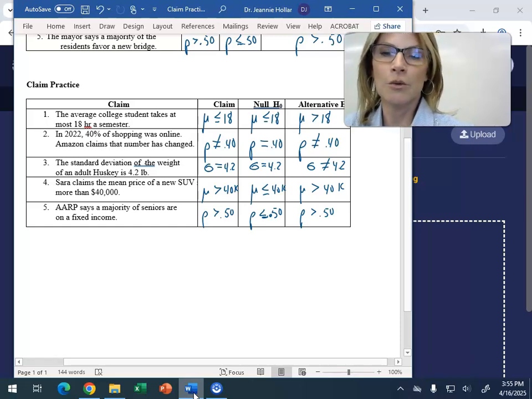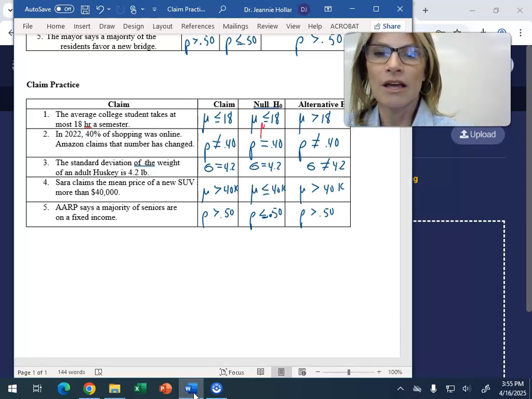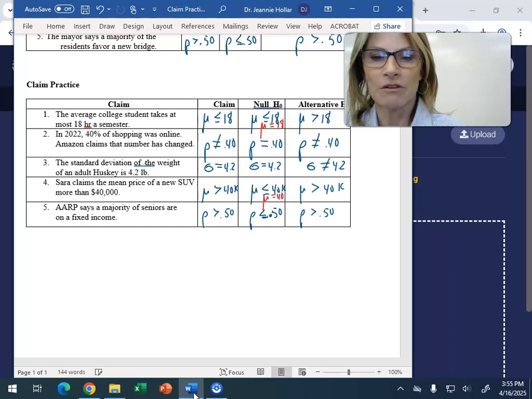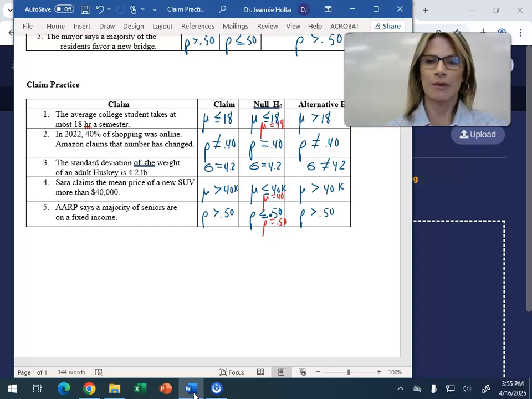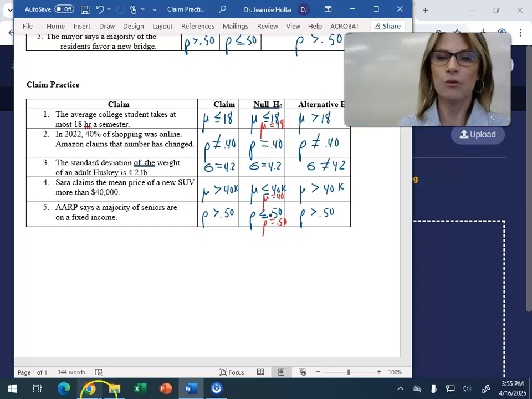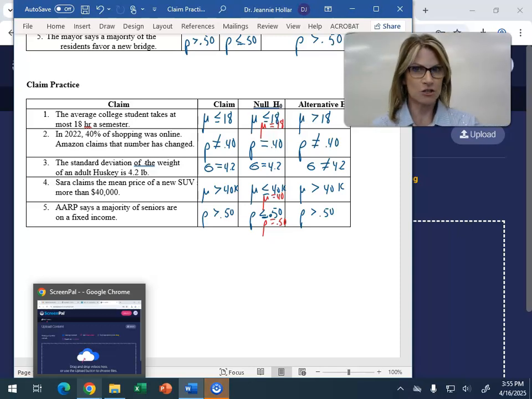And everywhere that it has a null, they go through and they'll go equals 18, equals 40, equals 0.5. Like the mean price of a mean SUV is more than $40,000, they would make their null equal $40,000. That's just stupid math.